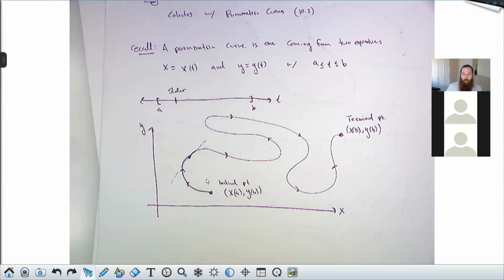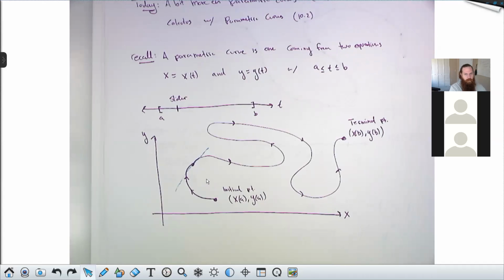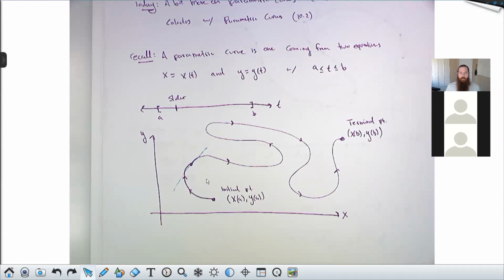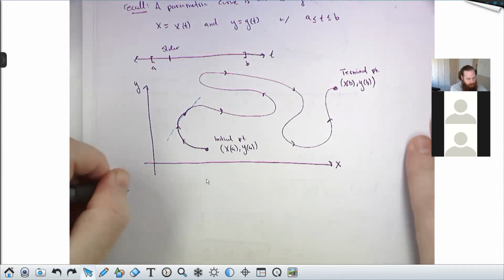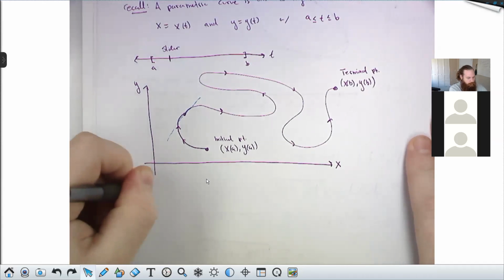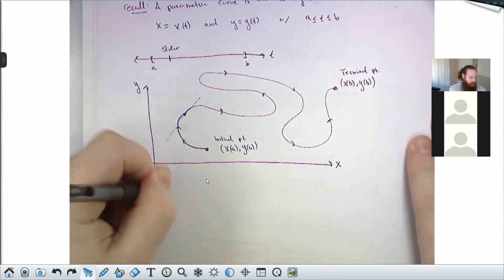Can I find the points where the tangent line is horizontal or where the tangent line is vertical? All of the Calc 1 questions that you asked about curves that come from functions, can you answer those same questions here? Of course, the answer is yes. So we're going to begin with finding tangents.